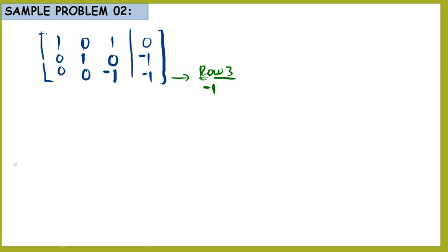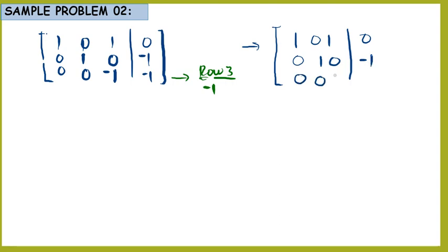So, if we evaluate our row 3, yung resulting matrix natin dyan is equal to 1, 0, 1, 0. We have 0, 1, 0, negative 1. We have 0, 0, 1, and negative 1.